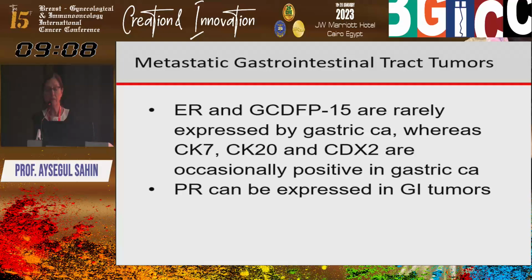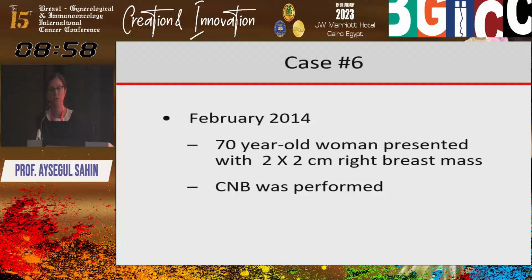The expression of biomarkers sometimes overlaps, especially progesterone receptors, which can be expressed in some GI tumors and lung tumors. It's really important to put both morphology and immunophenotype together.